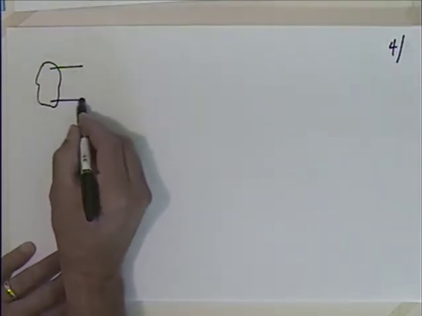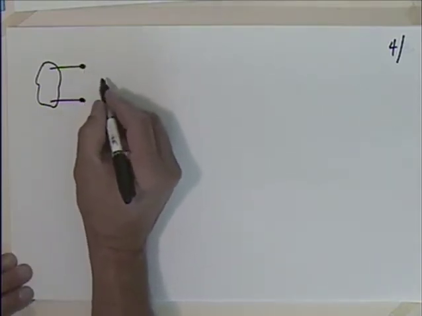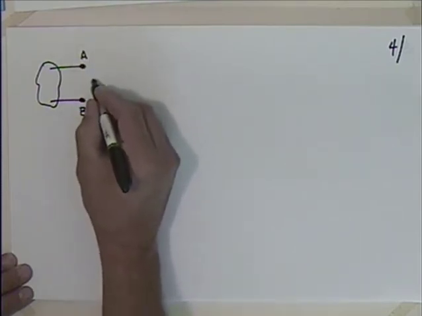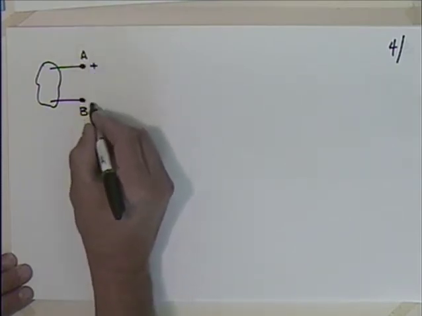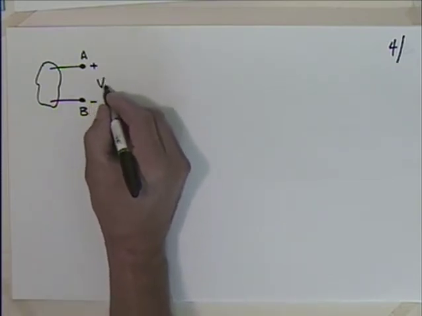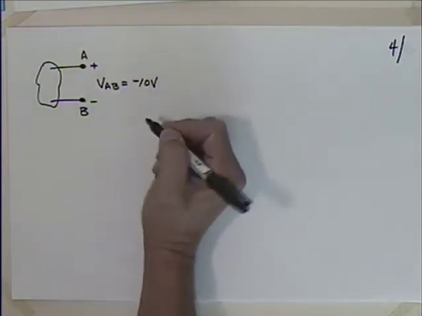So let's say that I have a circuit here and a couple of terminals sticking out, and I can talk about this as A and B, and maybe I will say that voltage AB is equal to minus 10 volts.